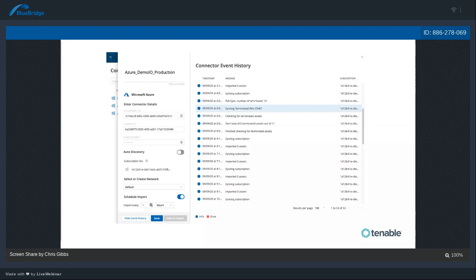We can set the import to go every hour, every day, sometimes less than that if you want, to do an import and pull back the latest information about the running assets or the destroyed assets. And you can see here in the screenshot, this is a synchronization process that has happened every hour, for example, in this situation. And we can see it's importing new assets as they're found and putting that into the platform for us.